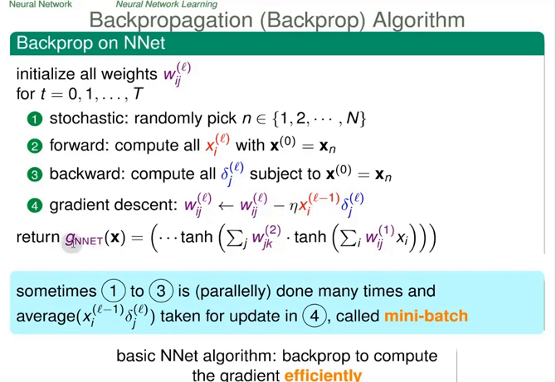Finally, after sufficient iterations, we obtain our neural network hypothesis called g_NN, the neural network. This is defined as follows.